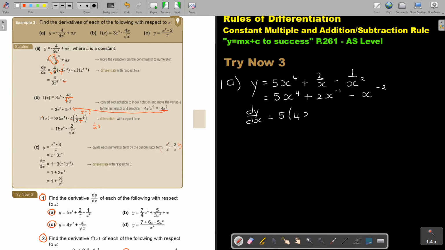So I'm going to get 4x to the power of 4 minus 1, that will be 3, I'm thinking of the answer, plus 2, and in this case it's going to be -1, and x to the power of -1 minus 1 will be -2, minus, okay, and now this is just a 1, and this is going to be -2, and x to the power of -2 minus 1, it's going to be -3. Okay. And that is going to give me now an answer of 20 x to the power 3 minus 2.